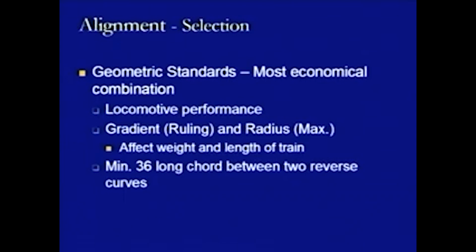So we have to look at this economical combination from different angles. The first is the locomotive performance. We have to find out the available locomotives and their performance: what speed they can move, what load they can carry, what their performance is when negotiating a curve or a gradient, and up to what distance they can move on those gradients or curves without losing speed.